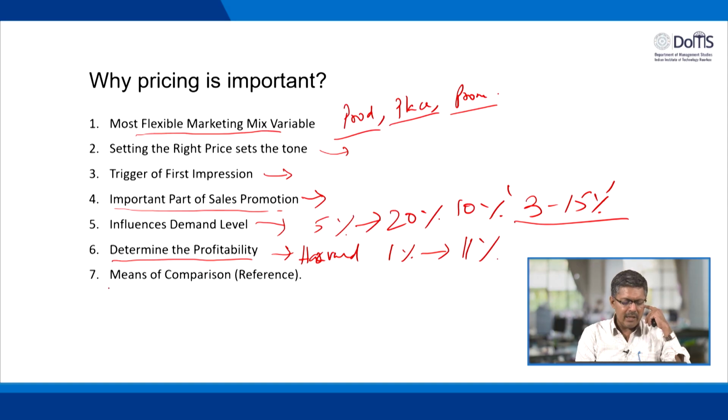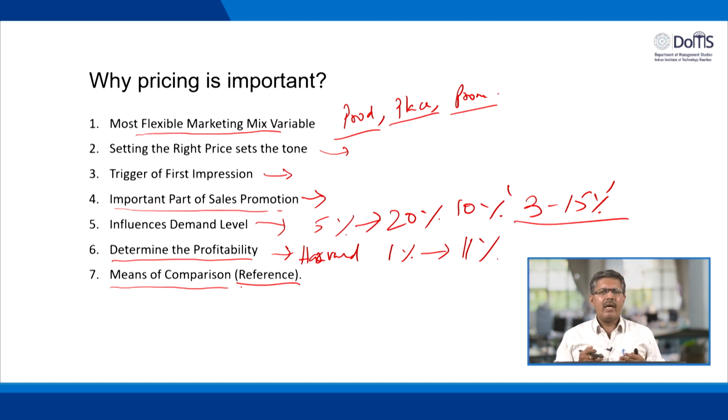Okay. The last point is, pricing is important because it is a means of comparison. So, reference pricing. When you go to the market to buy a product, any B2B or B2C product, unless you have something for reference, you will not understand. Nobody understands. That is why companies nowadays give you several combinations of products.